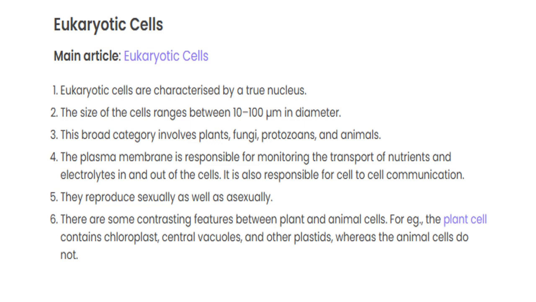These eukaryotic cells reproduce sexually as well as asexually. Examples are plant cells and animal cells. Plant cells mostly contain chloroplasts, central vacuoles, and other plastids, whereas animal cells do not have these features.